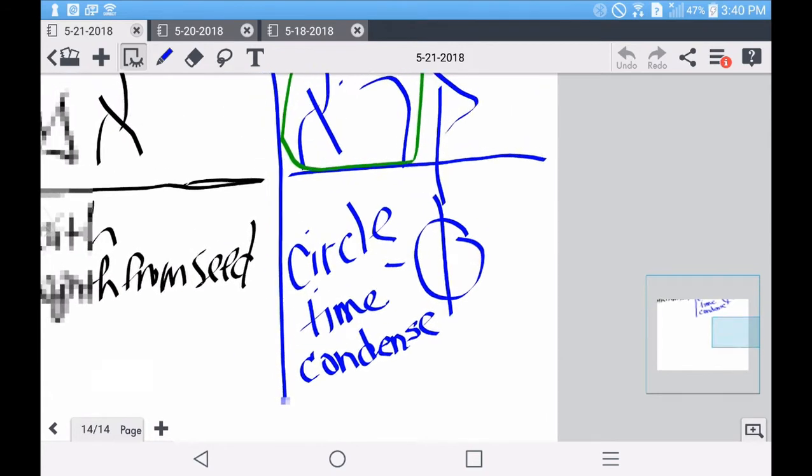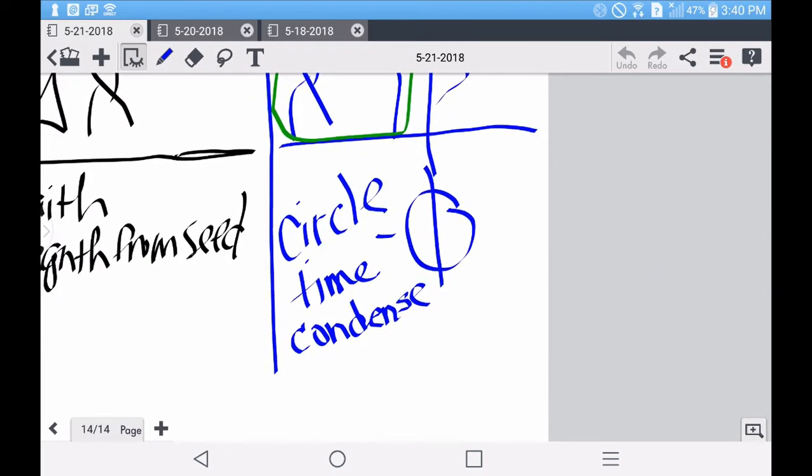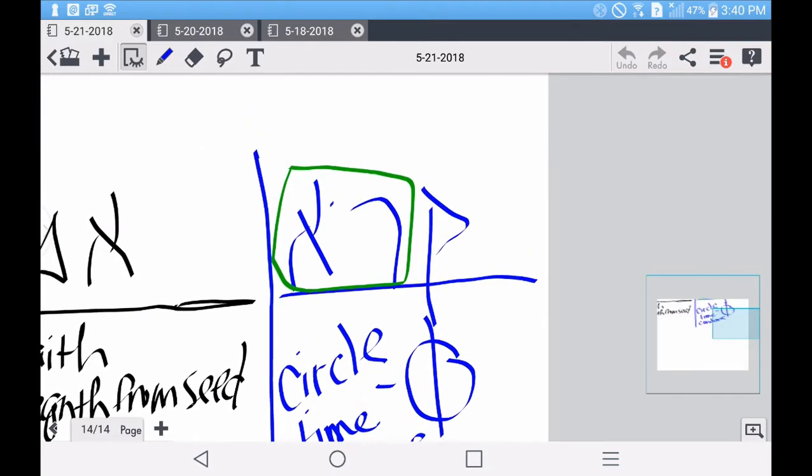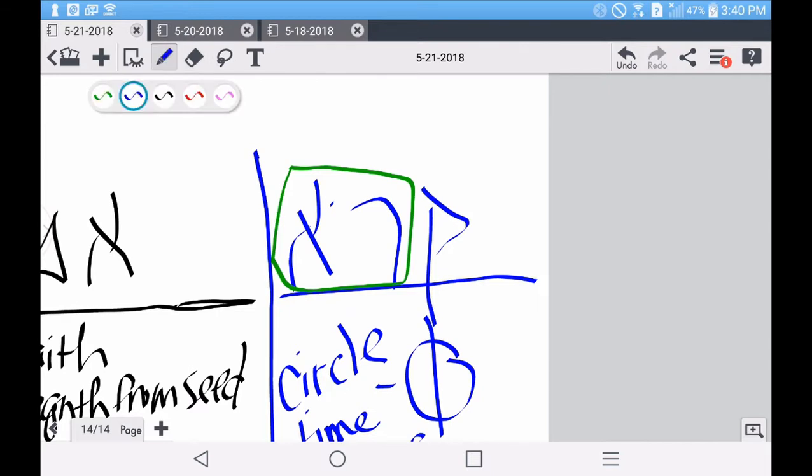And so here we're talking about perhaps a time to circle to change, and the thing that is being changed is this, the perception. All right, so we're talking about a time to circle or change perception.